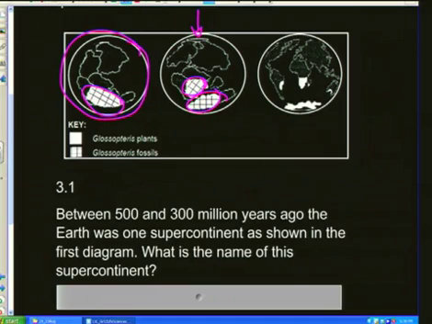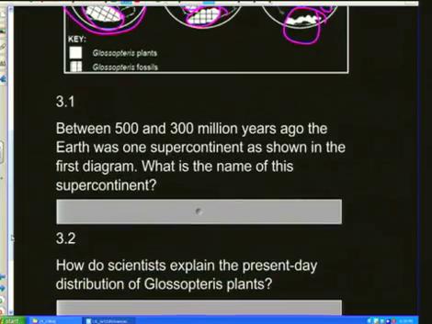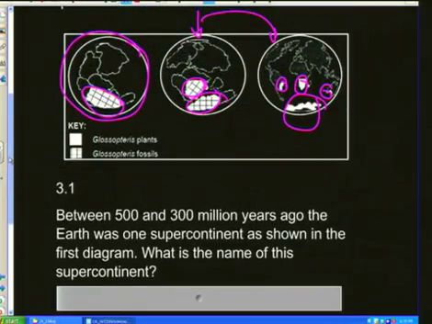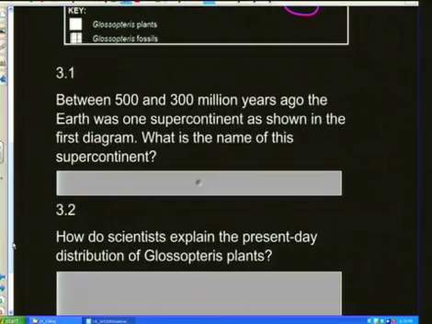And further from there, we had this situation. The question says, between 500 and 300 million years ago, the Earth was one supercontinent as shown in the first diagram. What is the name of this supercontinent?